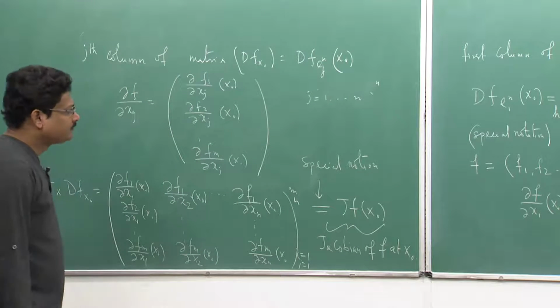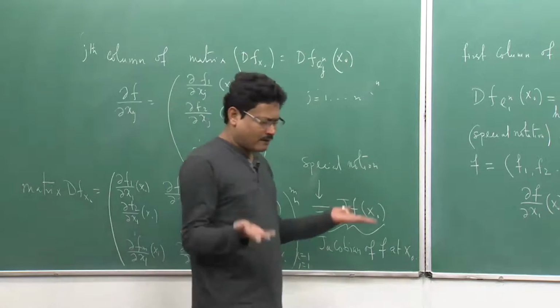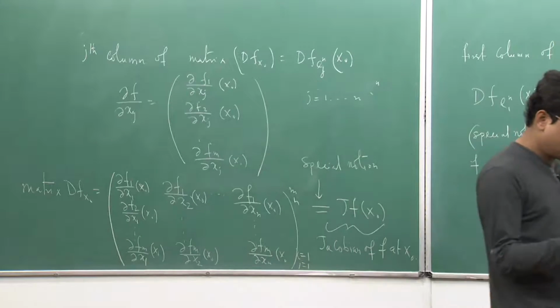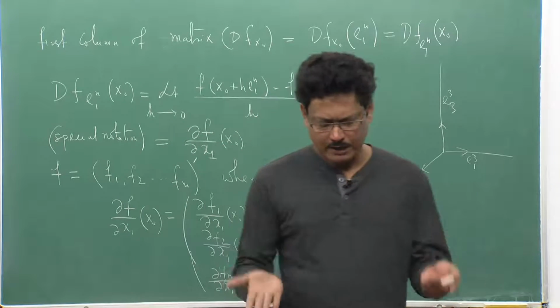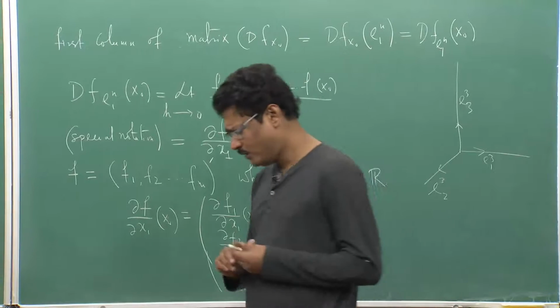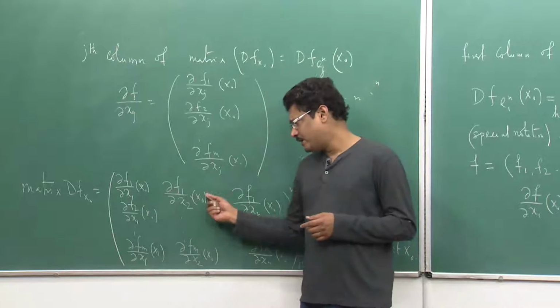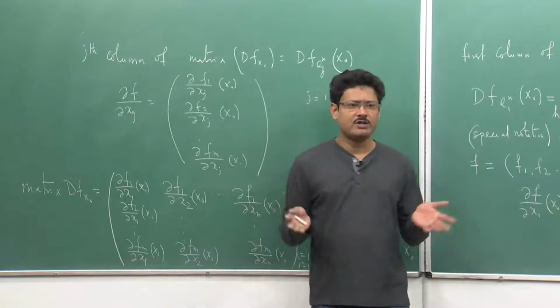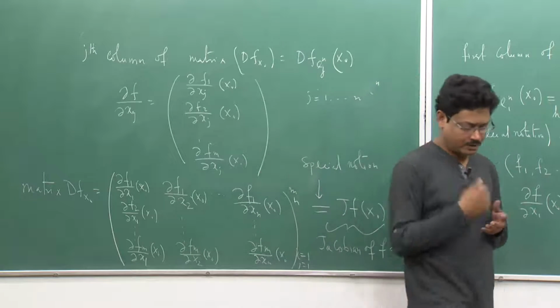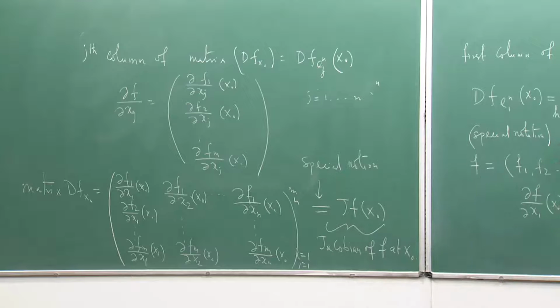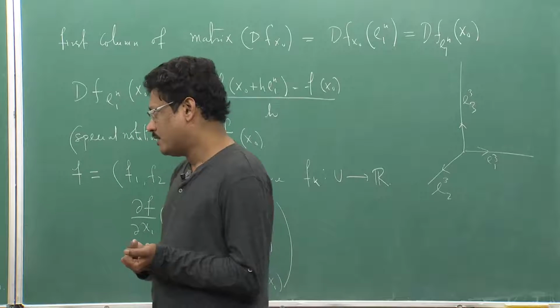Suppose I give you any function f from R^n, or some subset of R^n, to R^m. You know, in one of the earlier examples, the directional derivatives in all directions may exist, but still the function may not be differentiable in our sense, because it may fail to be continuous.